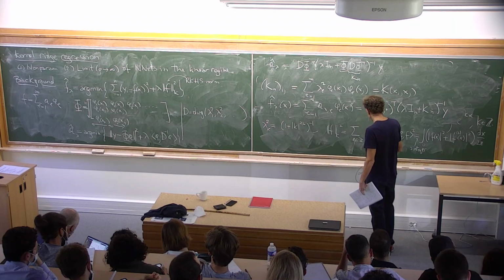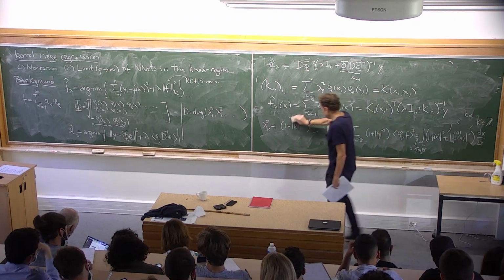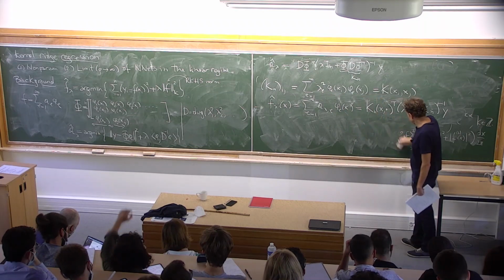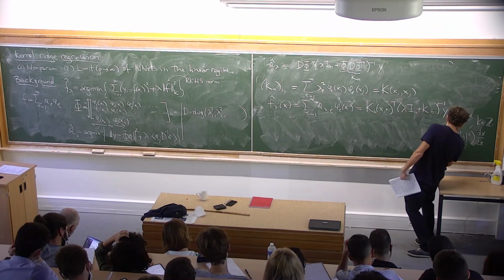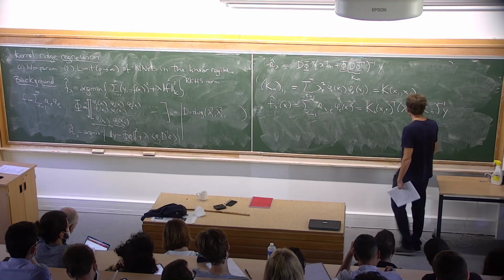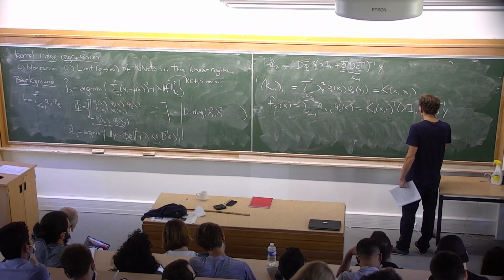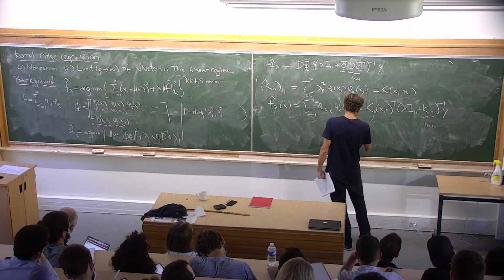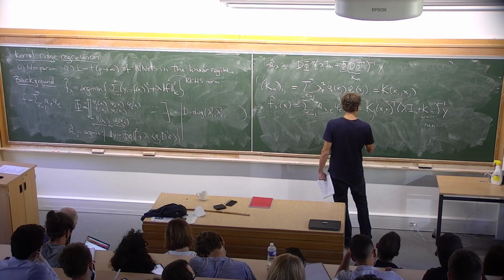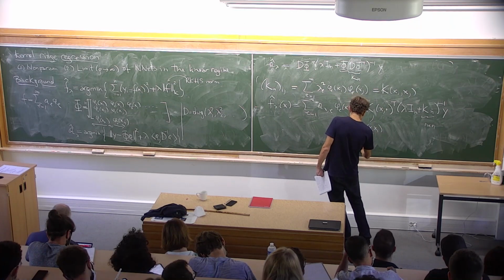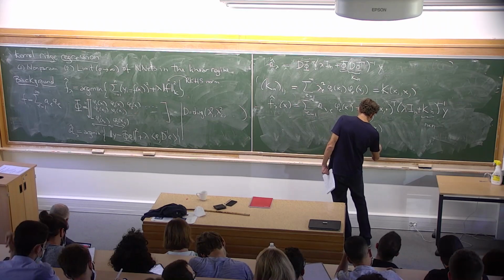So this is the solution, where Kn is an n by n matrix, and this is the vector with entries K(x, x1) up to K(x, xn).